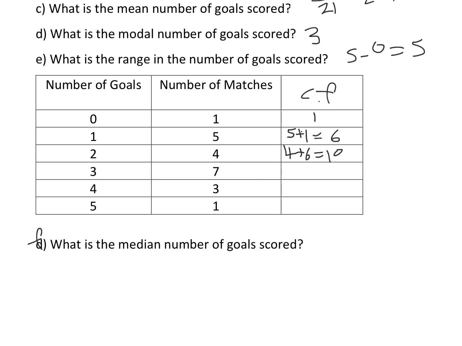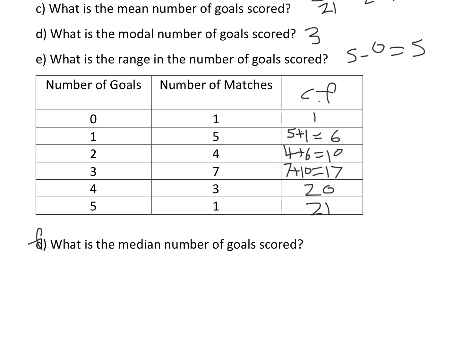And that time there's 7, plus the 10 matches where 2 goals or less were scored. So that's 17. When you're keeping a running total, you're getting the 1, adding on the 5 to get 6, 6 plus the 4 to get 10, 10 plus the 7 to get 17, and if you keep going like that, 17 plus 3 gets us 20, and 20 plus the 1 gets us 21.